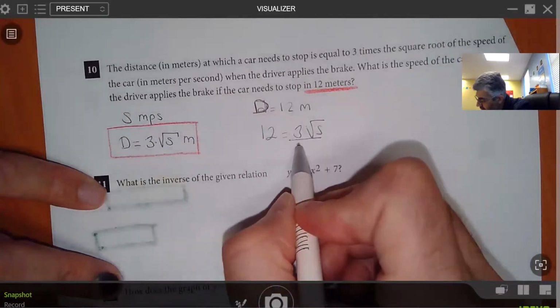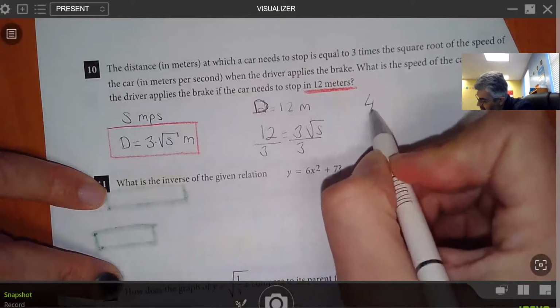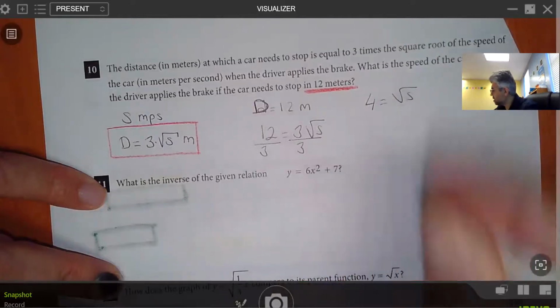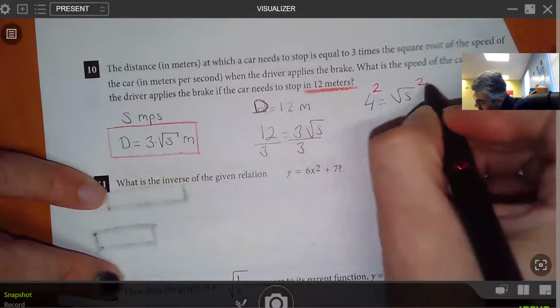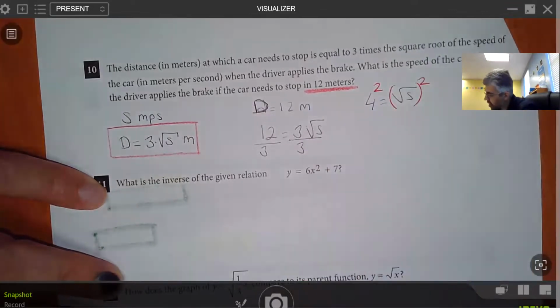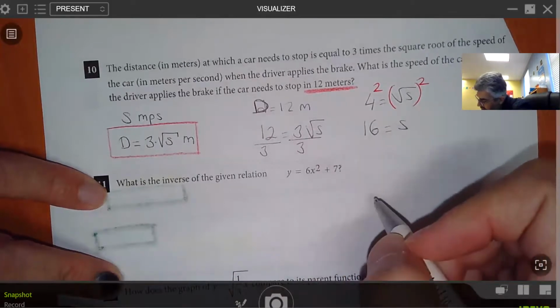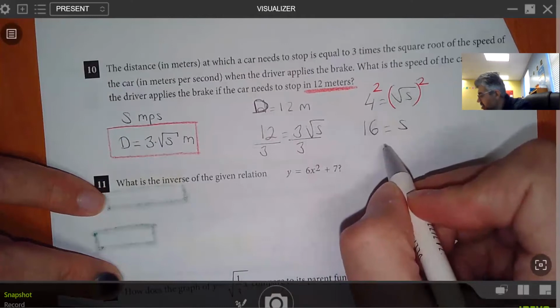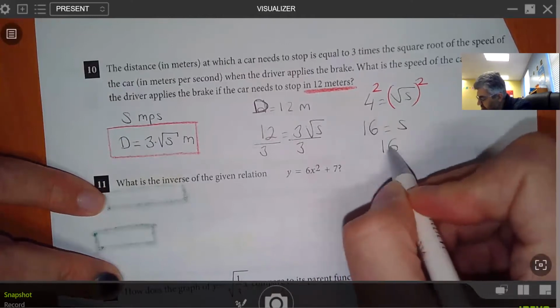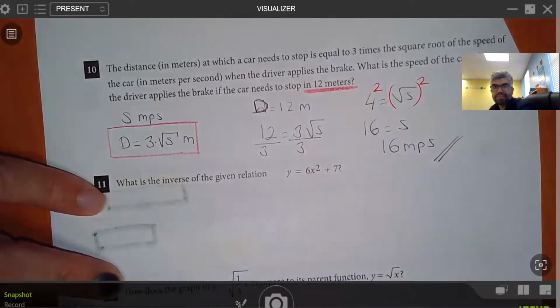I divide both sides by 3 and I have 4 equals root s. Then I take the square of both sides and I have 16 is s. So the speed of the car is 16 meters per second. Clear?